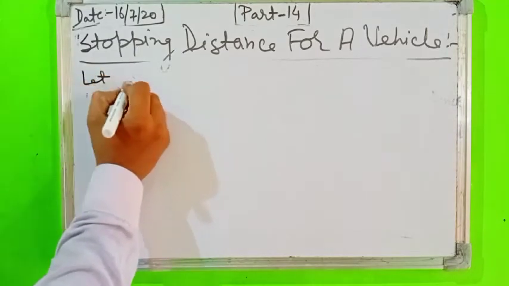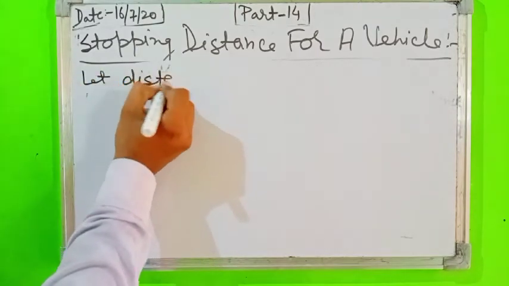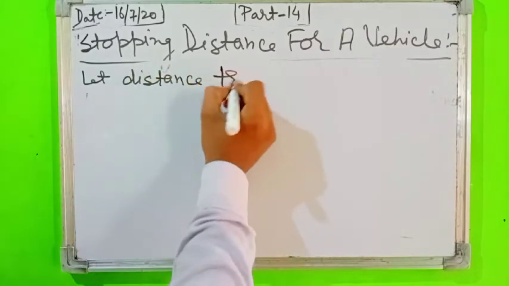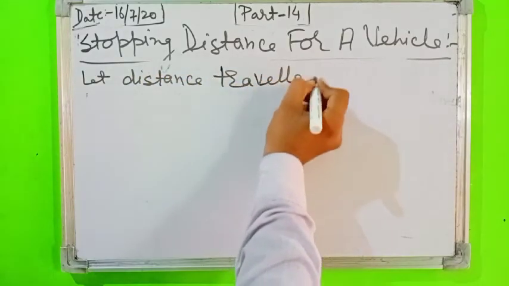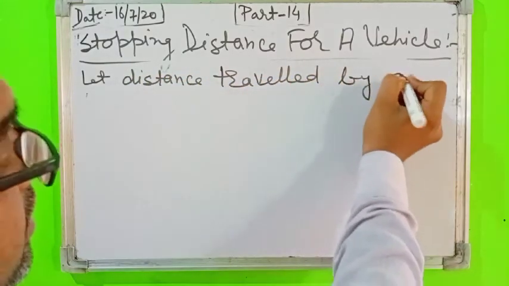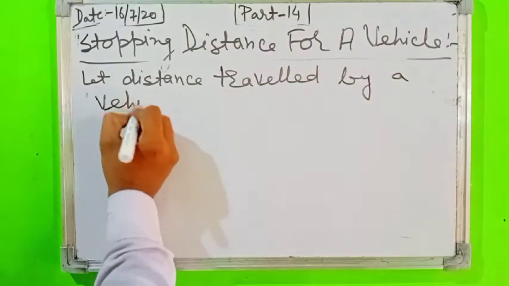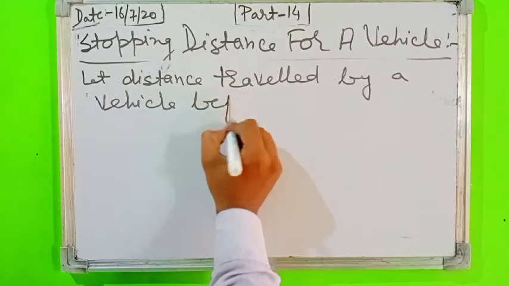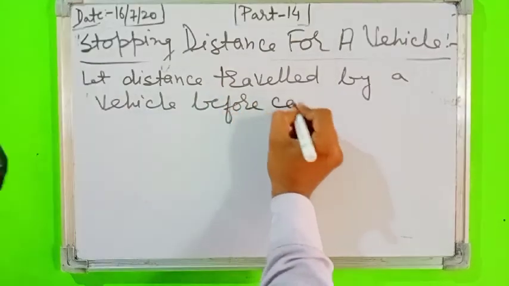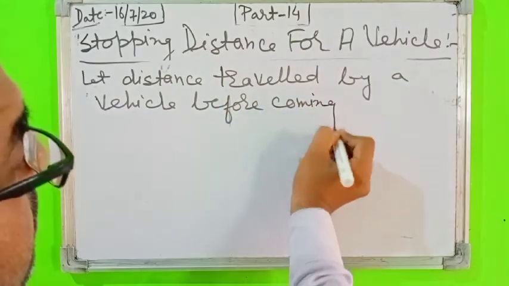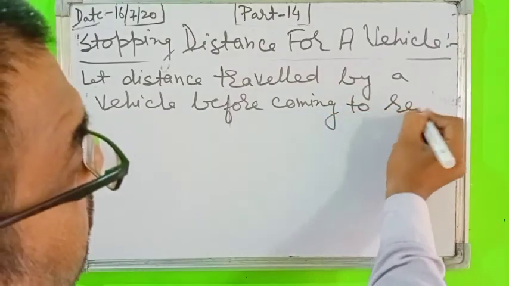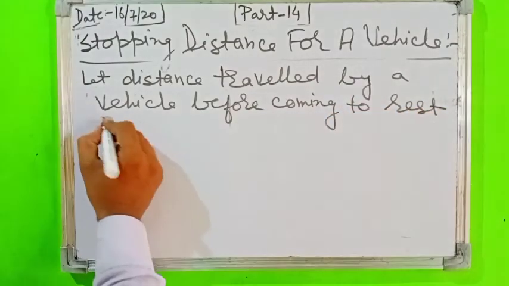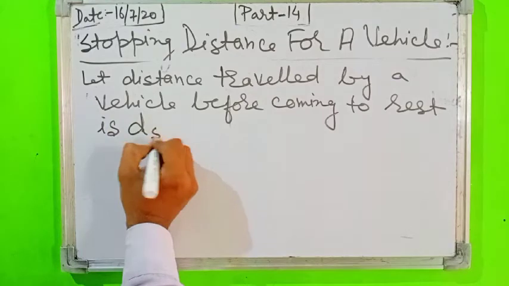Let the distance traveled by a vehicle before coming to rest be ds.